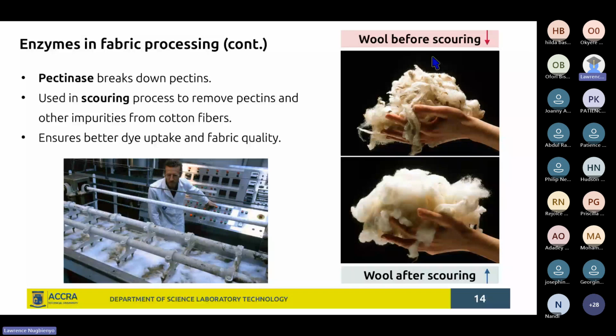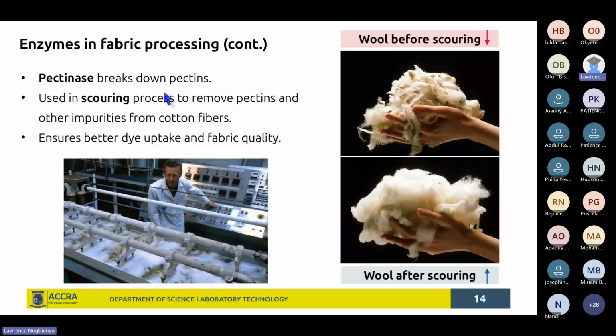In the past, a lot of these had been done with high temperature. That is why you hear terms like boiling out or boiling off. But with the use of enzymes, this same process, scouring, can be done at lower temperatures. And of course, that is also more eco-friendly.